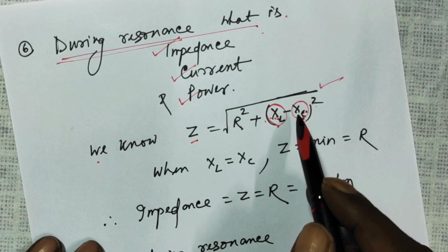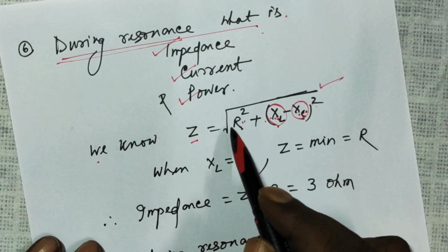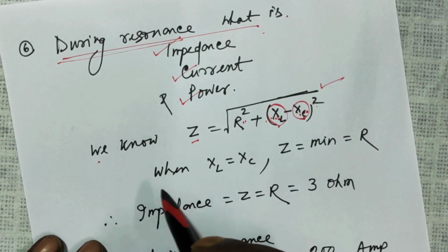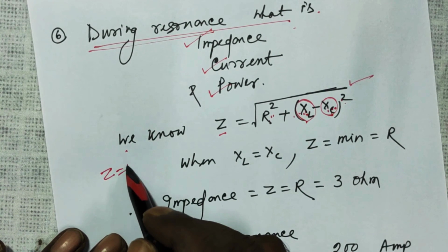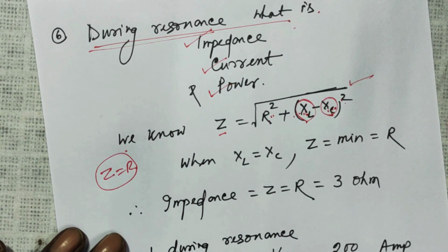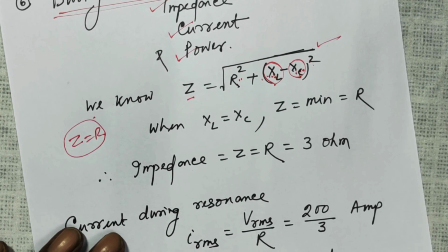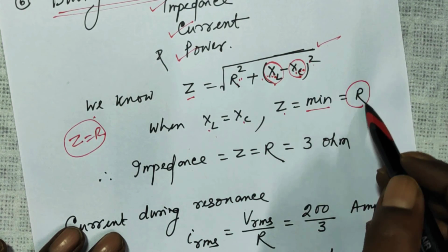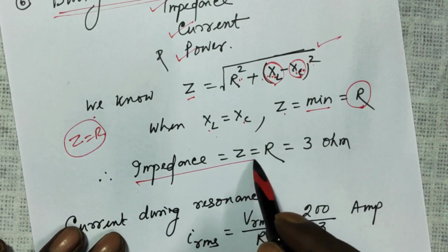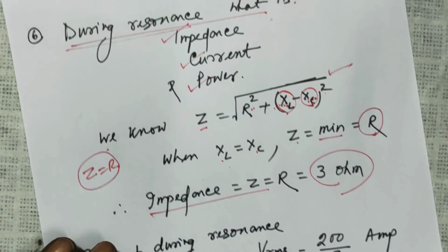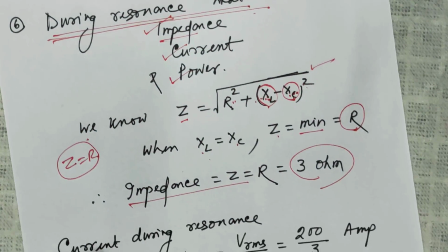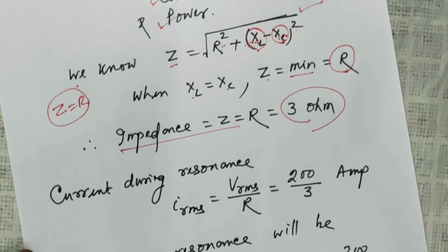Square of 0 is 0. 0 plus R square is R square. Square root of R square is equal to R. So during resonance, your Z will be minimum. If the resistance becomes minimum, it will draw maximum current. So when XL is equal to XC, Z is minimum, that is equal to R. So during resonance, the impedance is equal to 3 ohm, right?